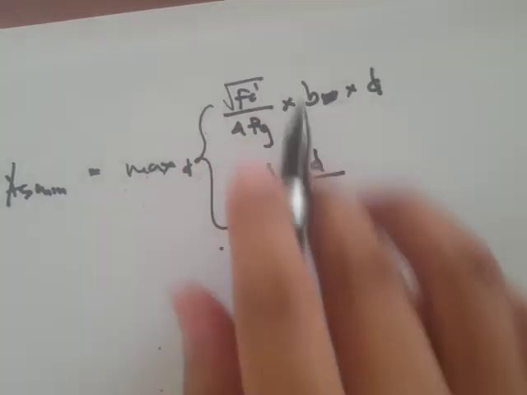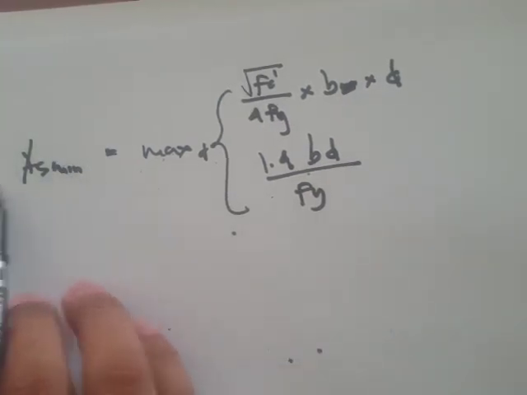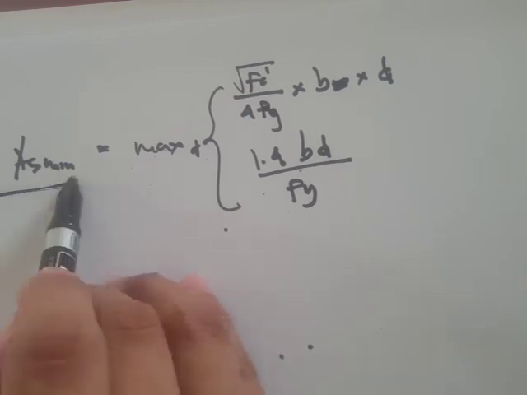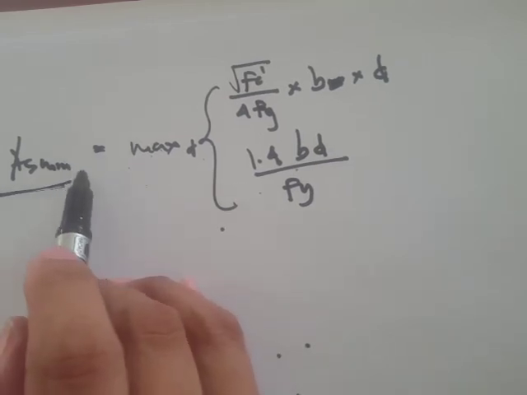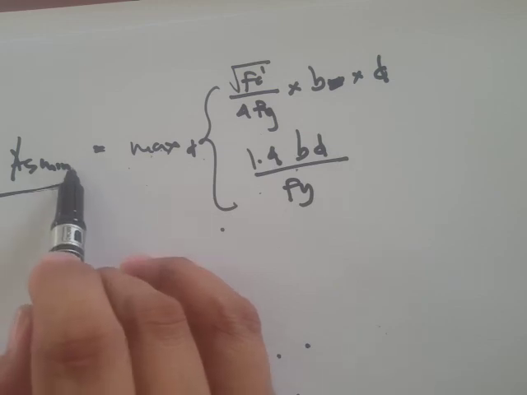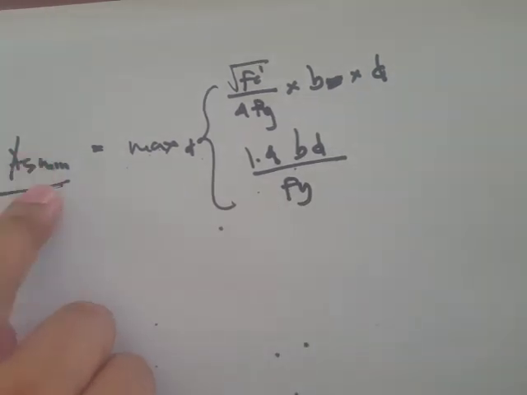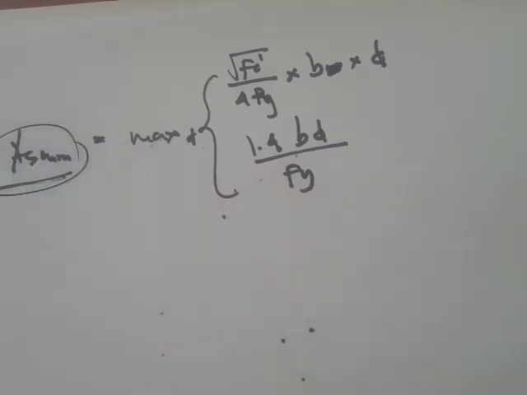Whichever is the maximum, that's going to be our minimum As. Take note, this is just the minimum. It means that if your computed As is below this value, then you have to provide this minimum area. But if your value is above this minimum, then that's fine, meaning that the code requirement is met.